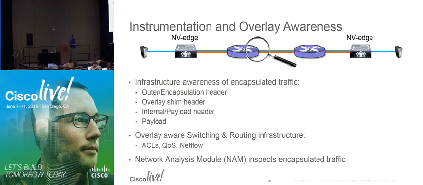In regards to instrumentation or visibility, we're encapsulating, right? So I have no clue what you're actually doing because it's IP-UDP traffic. So we have capabilities in the hardware as well as in the software to have a little bit more information than just IP-UDP traffic, and specifically with the Network Analysis Module, the NAM, we can decapsulate traffic in flight on the Nexus 7000.